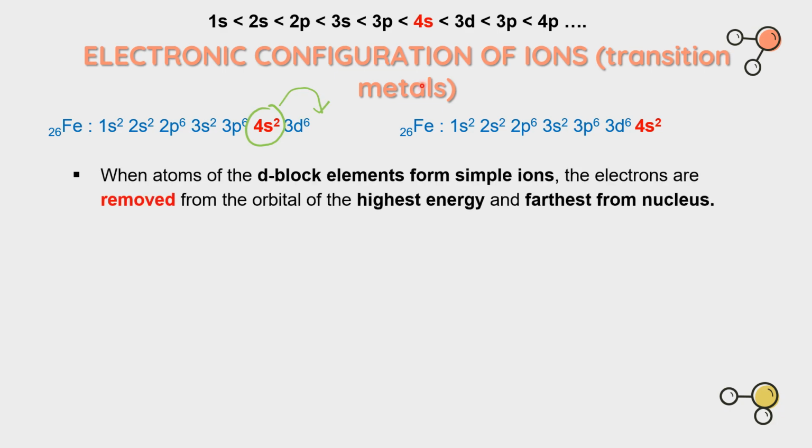In order to form electronic configuration of the transition metal ions, we have to remove the electrons from the orbital having the highest energy level and farthest from the nucleus.